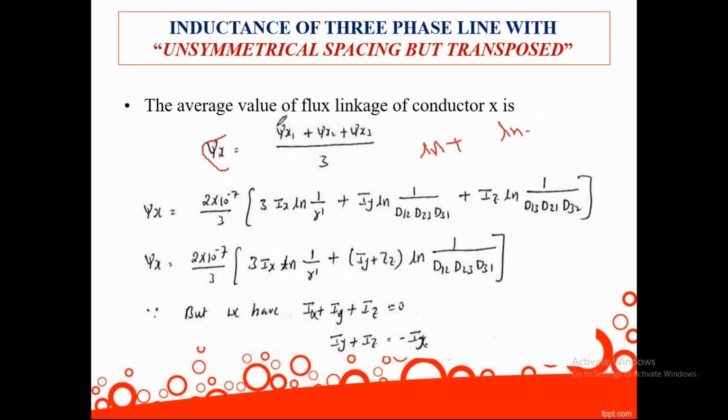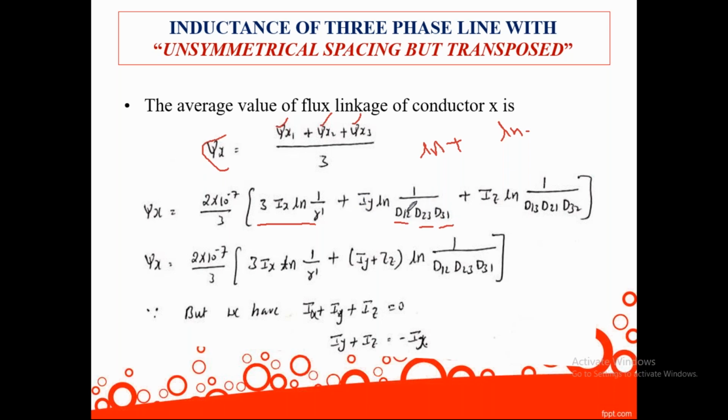It's the same thing. When we observe these 3 equations, the first term is common in all 3. So I am writing the addition of 3 into ix ln 1 by r dash plus iy into ln 1 divided by, in the first case D12, D23 and D31. So these terms are in addition.